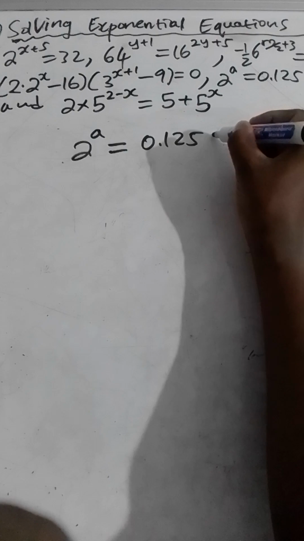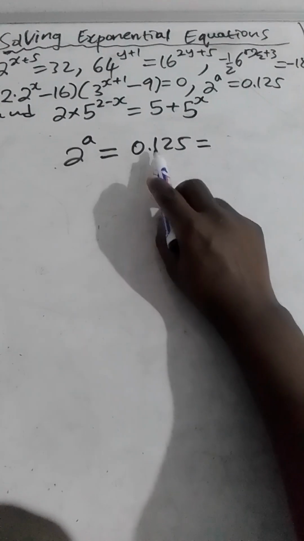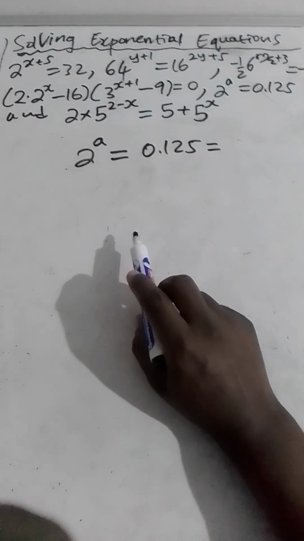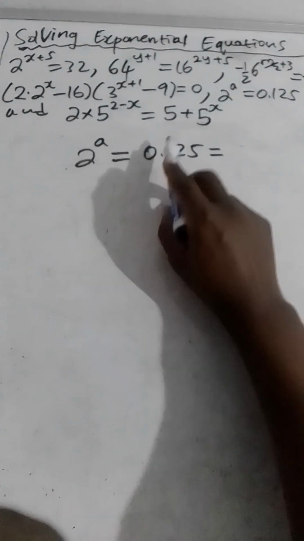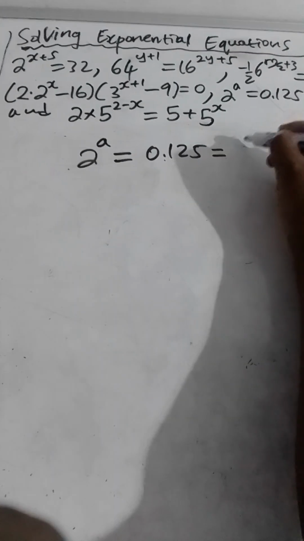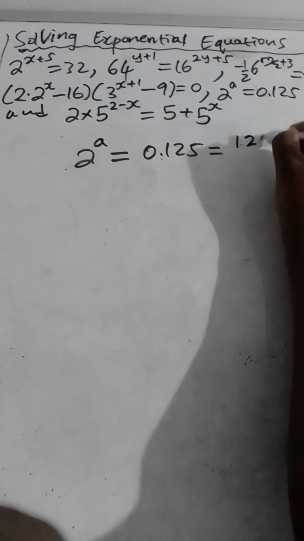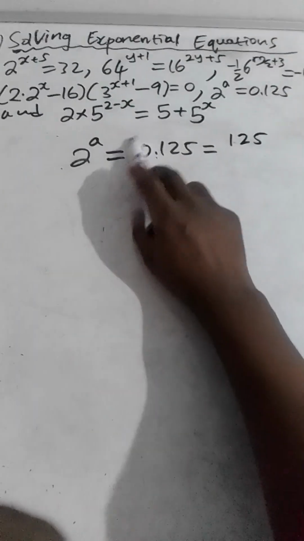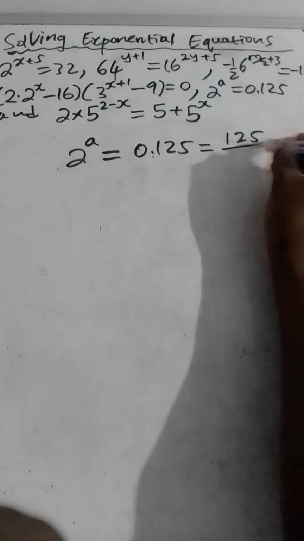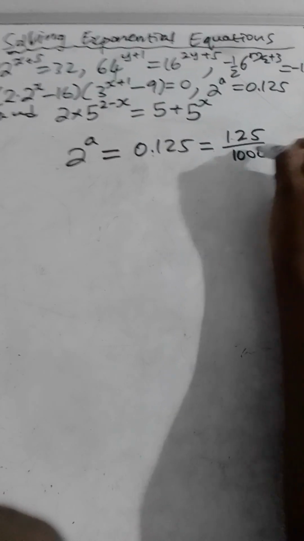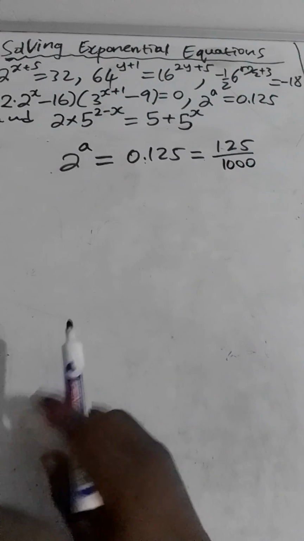To change this to a common fraction, all you do is count how many decimals are there. You remove the decimal point and you have 125. If it wasn't 0, you would put also the number that is before the decimal point there. Then you divide by 1 followed by 3 zeros, in other words, 1,000.